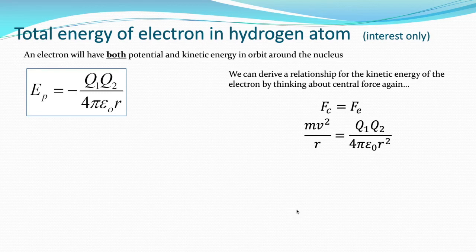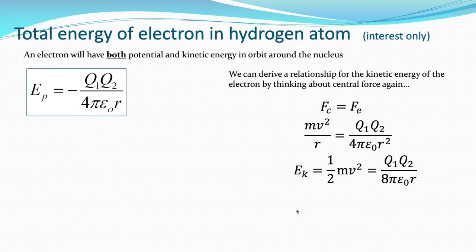Now we can do a little bit of simplification here. We can cancel out one of the r's on the bottom, and if we divide both sides by 2 as well, we will get kinetic energy on the left.